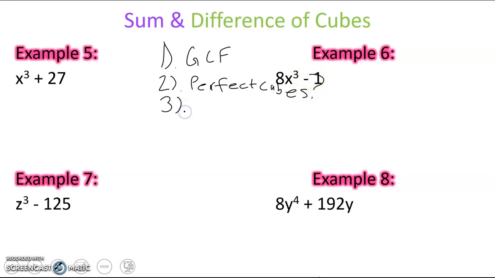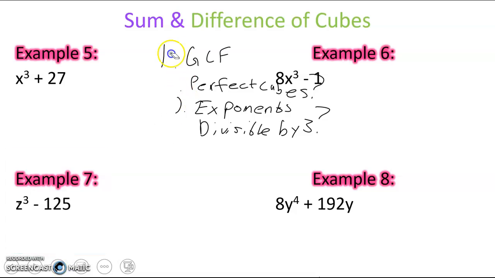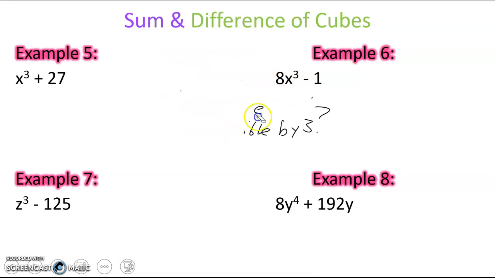And third, are our exponents divisible by 3? So those are our questions there. Let's go ahead and work out an example. I think I have time for maybe one example, might be able to get to two, depending on how I can squeeze the time in here.